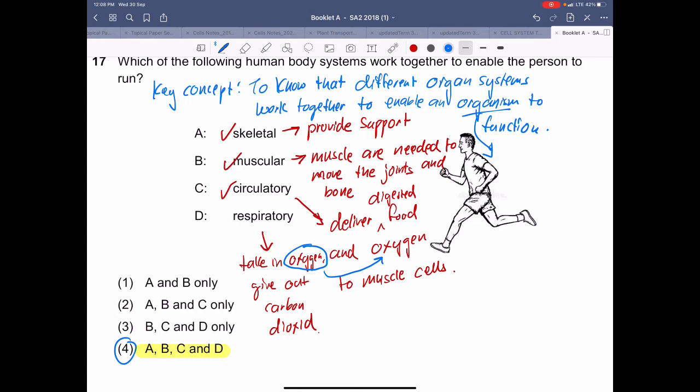When you breathe, you also need the muscles in your rib cage to move your rib cage up and down to cause your lung cavity to expand and contract. That will help to take in oxygen, which is needed for respiration, carried by your circulatory system. And just because you're sleeping doesn't mean that you stop digesting food.